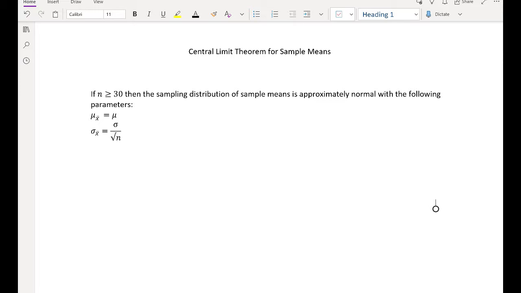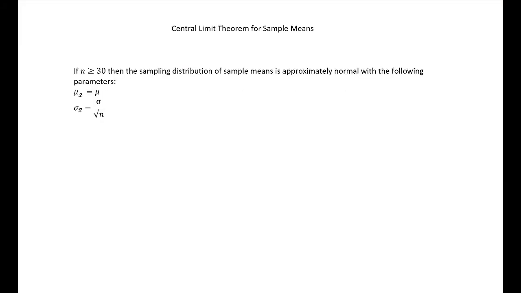The mean of the sampling distribution turns out to be the same as your population mean. However, the standard deviation that you use for this sampling distribution, which we refer to as the standard error, is the population standard deviation divided by the square root of our sample size.